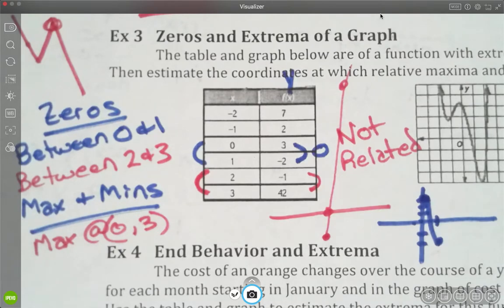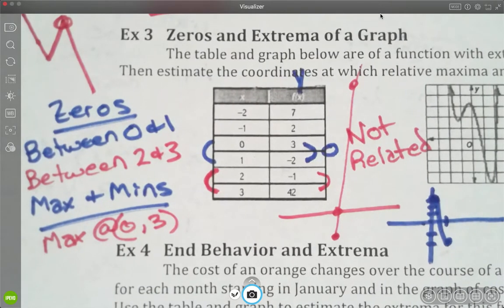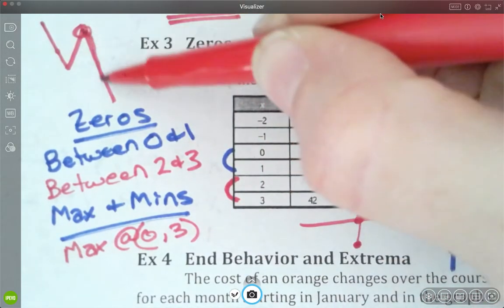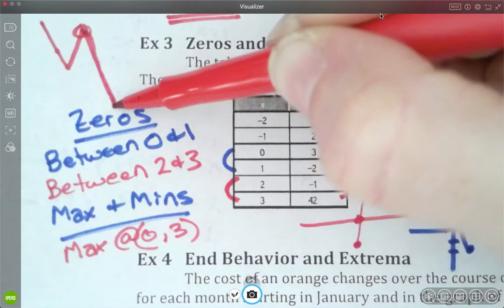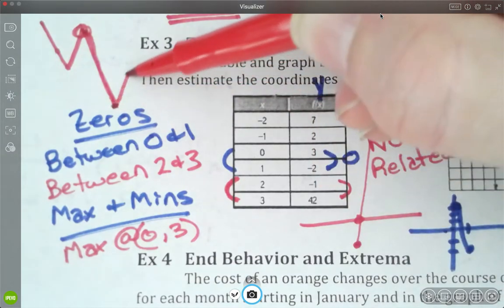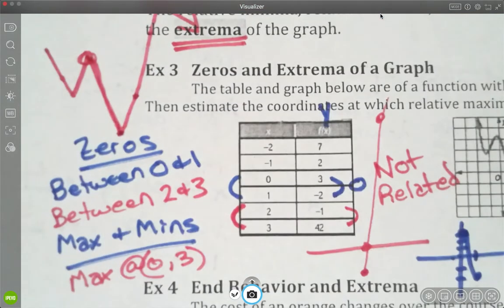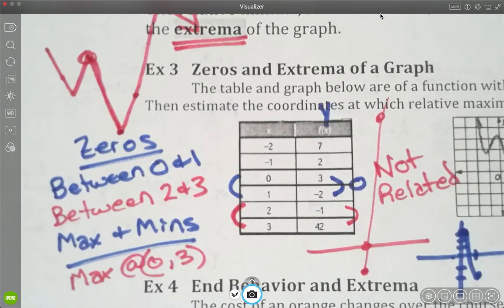Okay? Now, do we have a minimum somewhere? So he's up here at 3. He goes down to -2 and then up to -1, and then up to 42, right? So do I have a minimum somewhere? Yes.